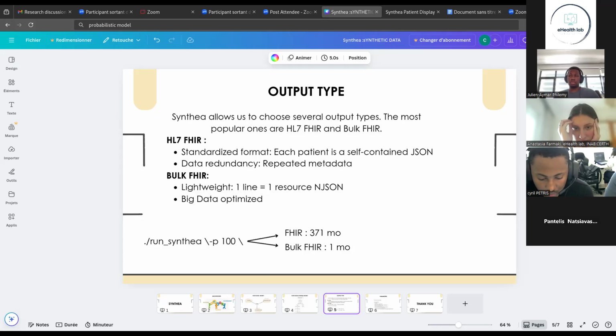The most used are those two output types, HL7 FHIR and Bulk FHIR. The first one is widely used in the States and also in France. I don't know if you know Doctolib. I think it's French, no?